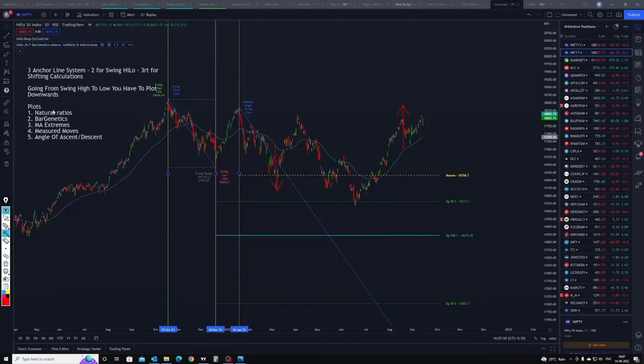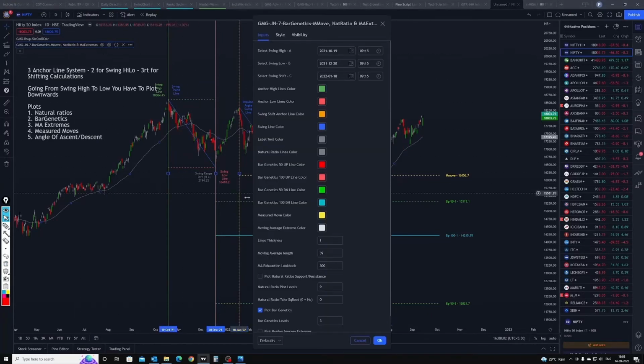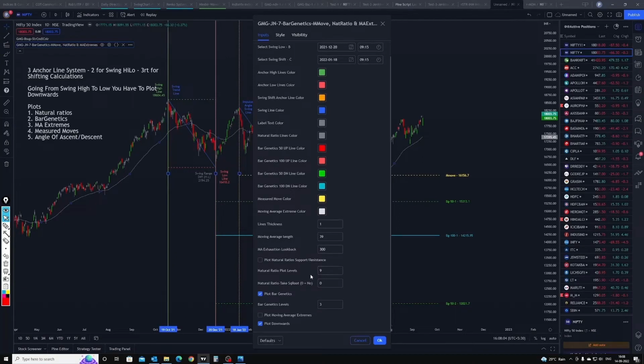So what is the advantage of this? The advantage is that you will be able to identify for every particular day or every particular bar how far that move can go. I'll plot moving average extremes also.